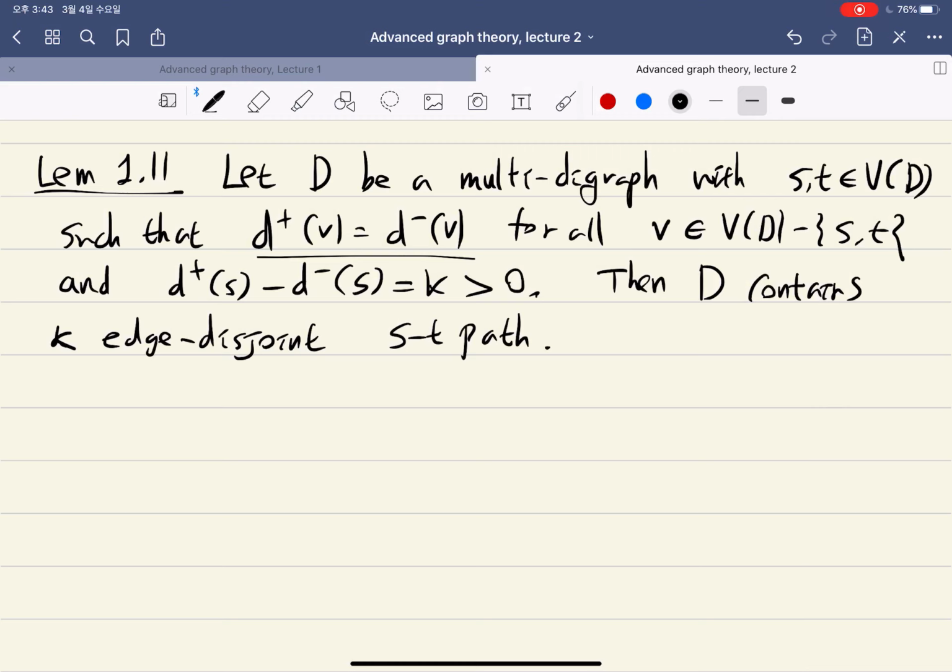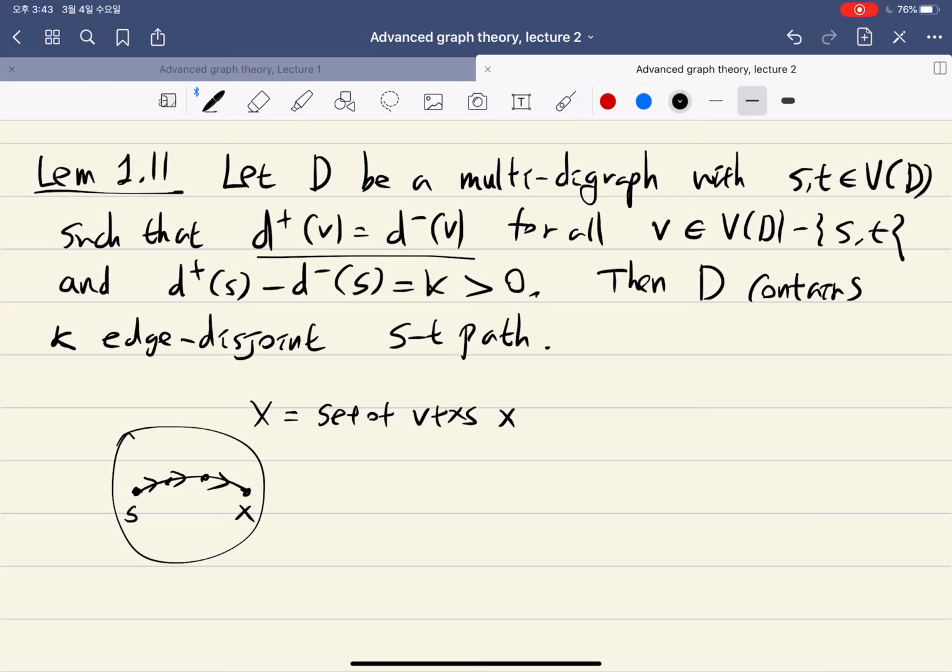A more fancy way of writing it is that we let X be the set of vertices with the property that there exists a directed path from S to X. If T is in X, then we simply take a path from S to T, delete all the edges, and use induction. We already found one path, so we can keep repeating.